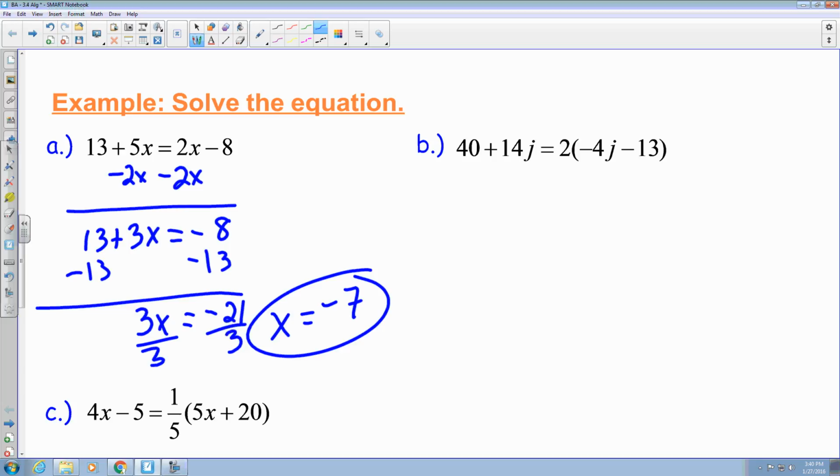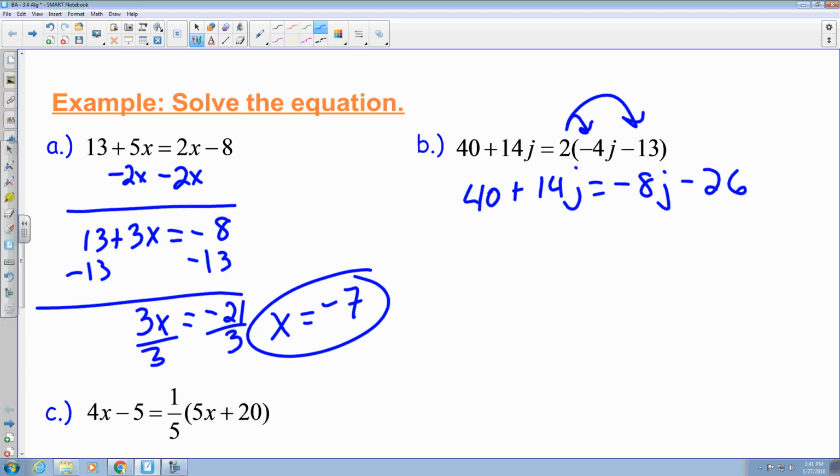Looking at B, there are no like terms right away, but we have this 2 times the quantity of negative 4j minus 13. So I'm going to distribute this first. I get 40 plus 14j equals, when I distribute, negative 8j minus 26.